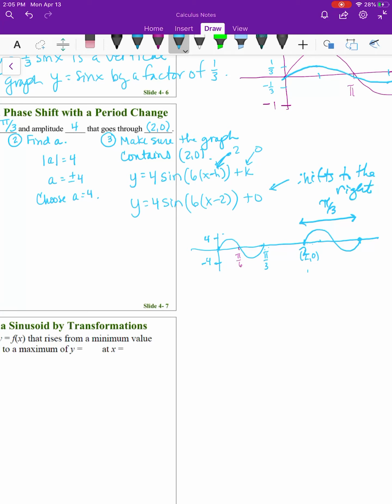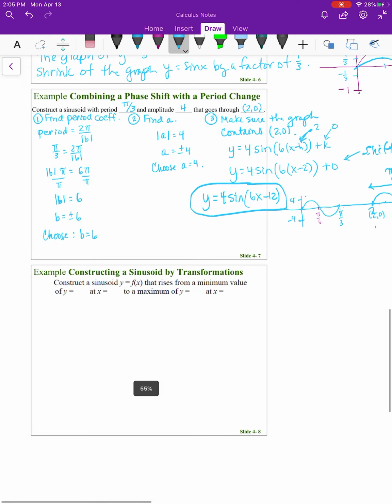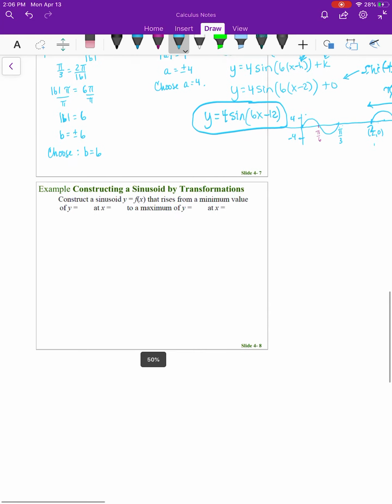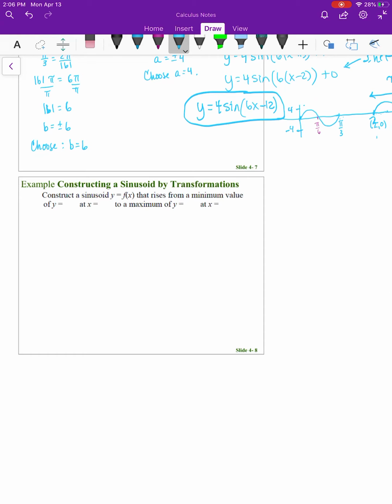Whatever we've done right here, this equation shifts to the right. All right, so now if we simplify that, y equals 4 sine of 6x minus 12. And this is your equation with that set of circumstances.